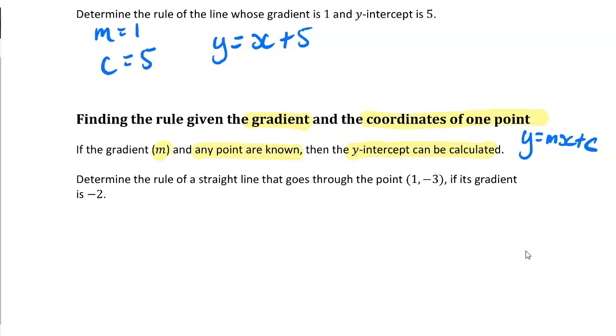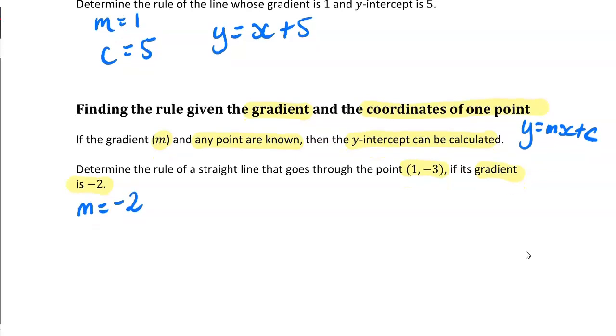Determine the rule of a straight line that goes through the point 1, -3 if its gradient is -2. So the gradient is -2 and the point I know is 1, -3.